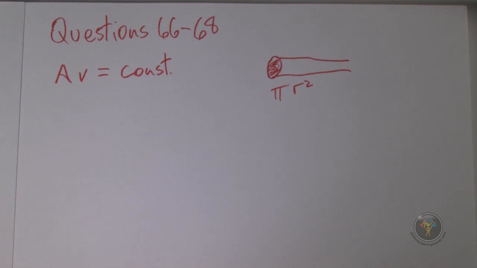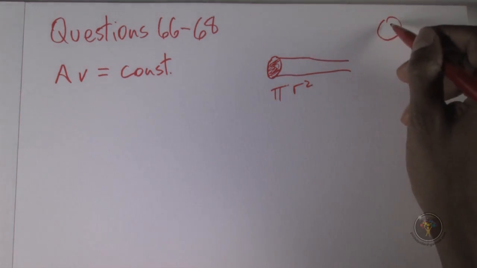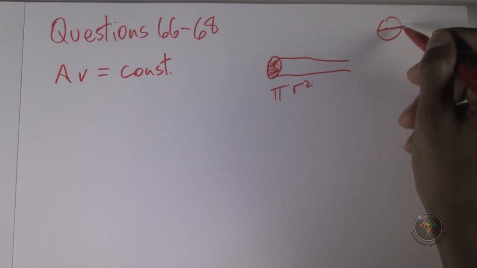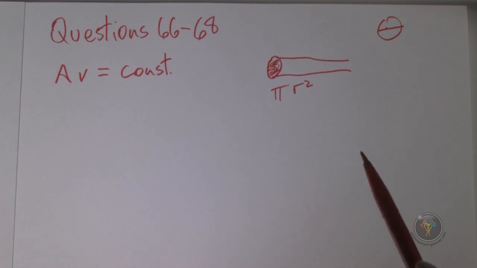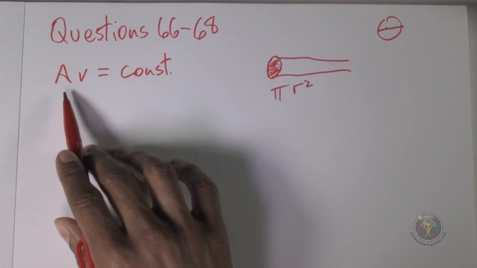So they're telling us that we're getting half the diameter. We're going from 2d down to a diameter of d. If you have half the diameter, and diameter is just a line, right, and radius is half of that, that means you're going to have half of the radius. So now we're going back to this equation.